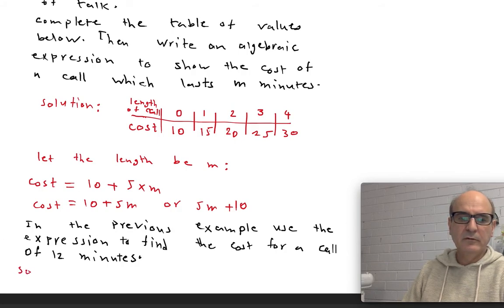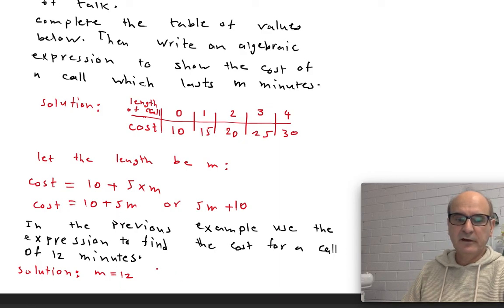Okay, so your formula or your rule or your expression for the call is that. This time they say that m is how much? 12 minutes. So you write m is 12. And using this expression when m is 12, you're going to put the times sign back now.